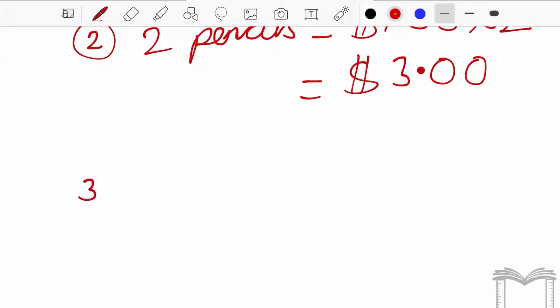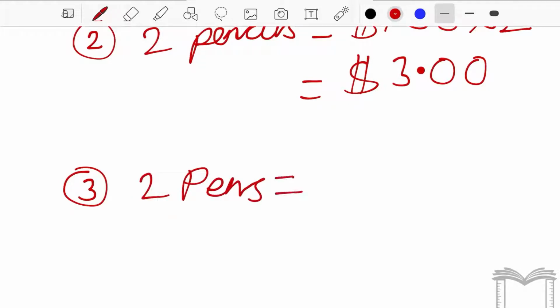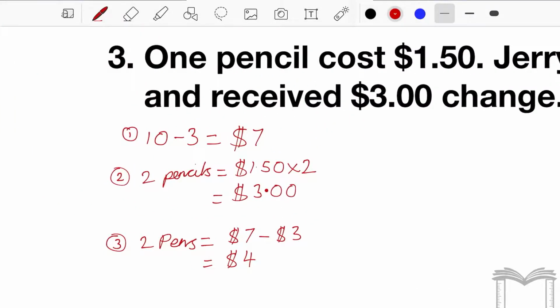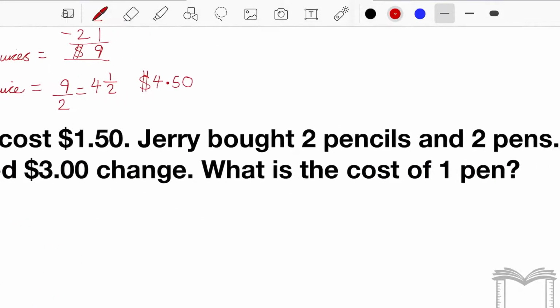So the third step would be, the 2 pens would be equal to the total money spent, which is $7, take away the cost of the pencils, which is $3, and that will give us $4.